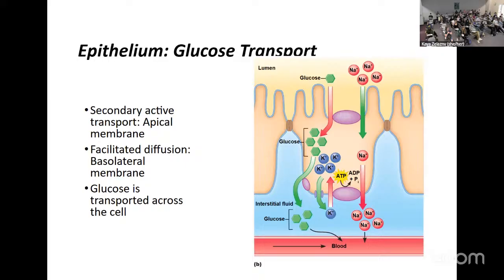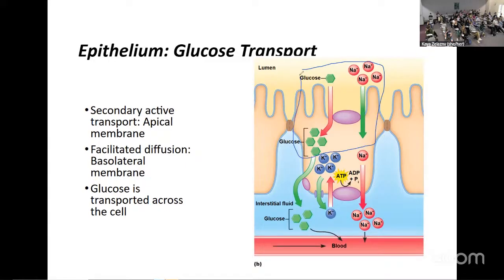So that's adding in this glucose transport here, where we have our secondary active transport using this sodium gradient, and then allowing that to pack glucose into the cell, giving us a high concentration inside that we can then allow to move passively into the interstitial fluid, and therefore entering the body essentially.